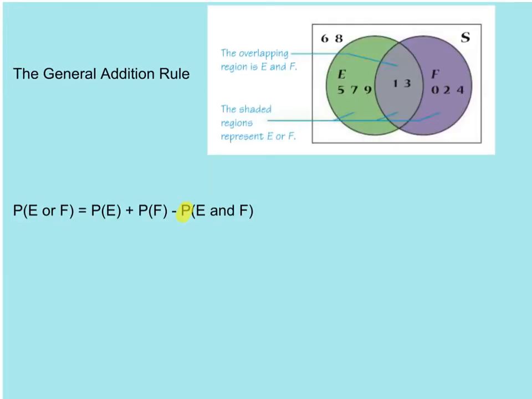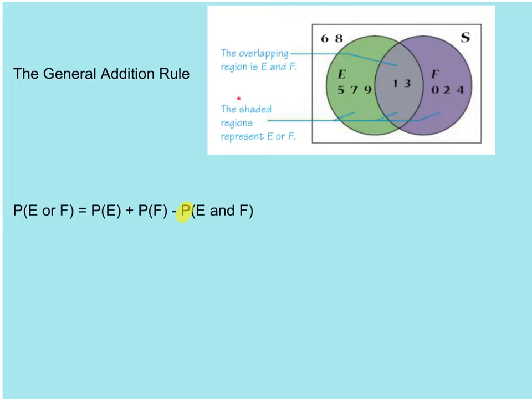Moving on to what's called the general addition rule. Now my events are not disjoint. You can see in the picture where my event E and my event F have some overlapping section. The digits 1 and 3 are in both of those events. But if you look at that sample space, we still have all of the digits 0 through 9 represented.